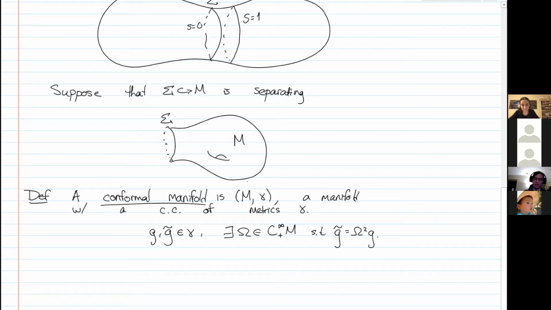So we're going to be studying objects that are a pair, M and gamma, where gamma is our conformal class. And then we just need one more thing to define our hypersurface. In particular, we're going to use the same structure. We're going to talk about a defining function, but that's not quite all. The reason we don't just use a defining function again is that when we're doing general relativity or any geometric theory of physics, our coordinates usually represent distances, just like how our metric represents distances squared.